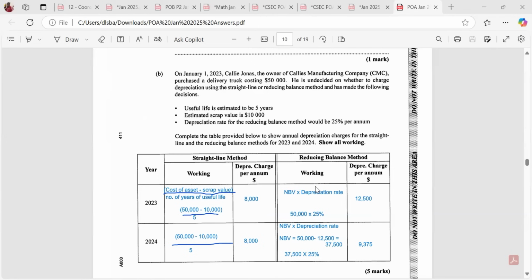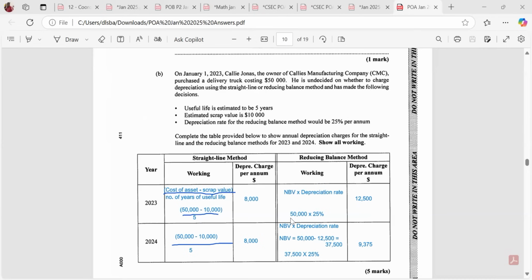The reducing balance method, you would have a different depreciation every year, and it will be smaller every year. Hence the name reducing balance method, right? It's the net book value of the asset multiplied by the depreciation rate. The net book value is the cost of the asset minus any depreciation it ever had. So in the first year, it didn't have any depreciation.